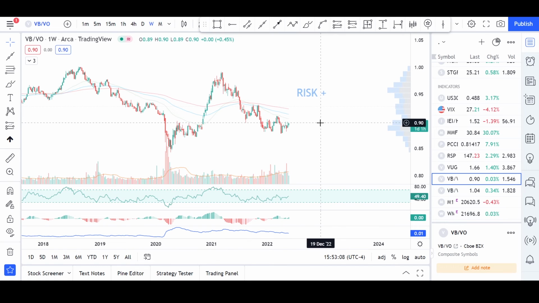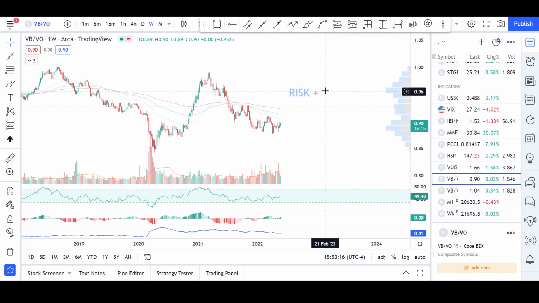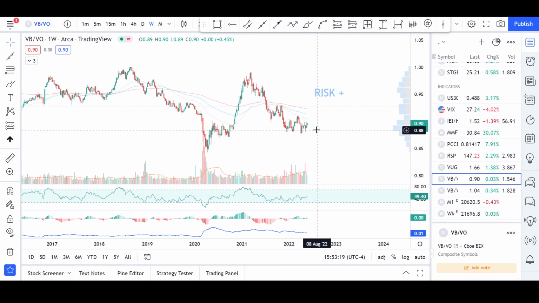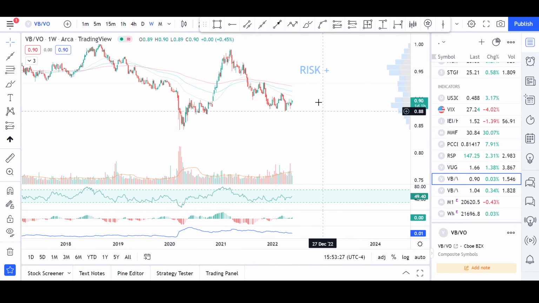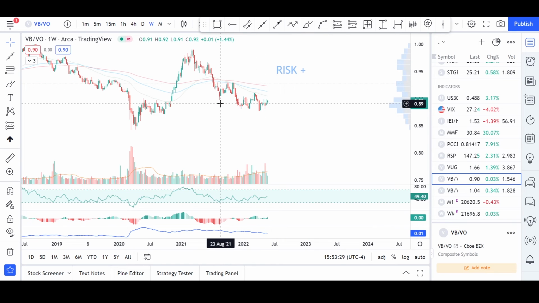In terms of the ratio of large cap stocks to low cap stocks, we are heading towards a more risk-on environment. We are defending strictly this 0.82 area, but right now the tendency is lowering, so we should stay cautious in terms of investments.